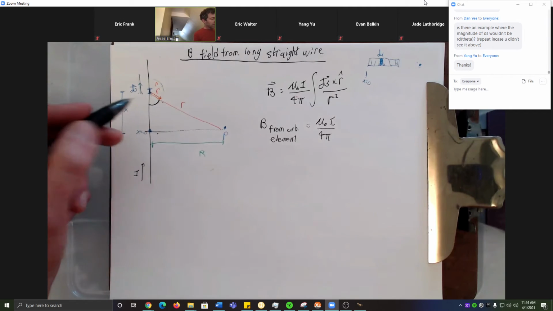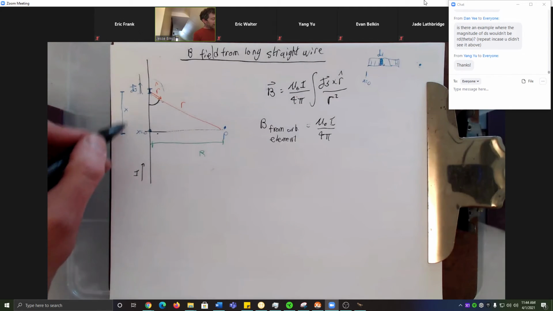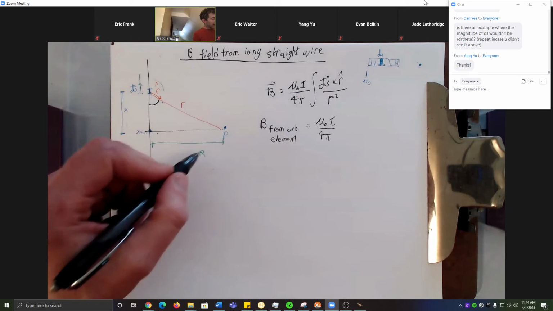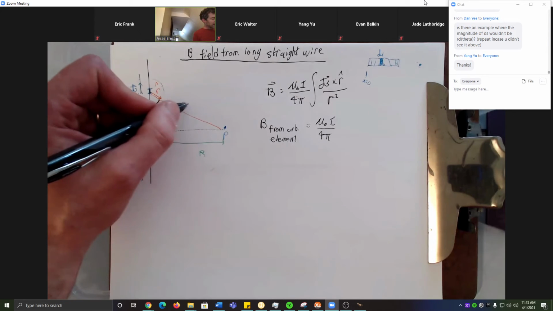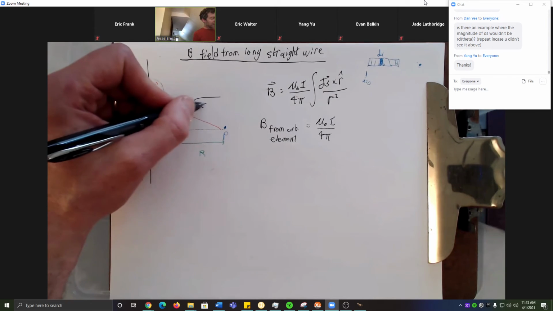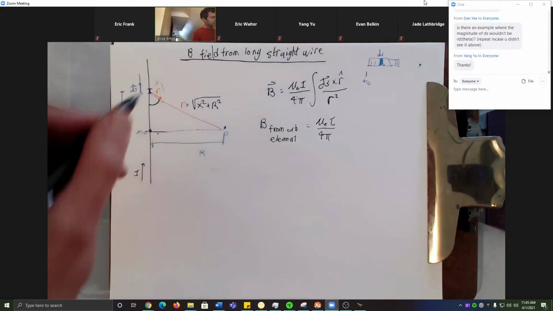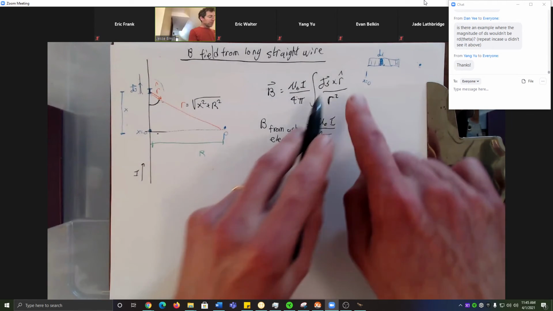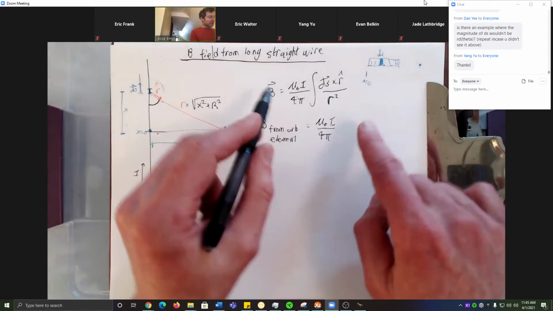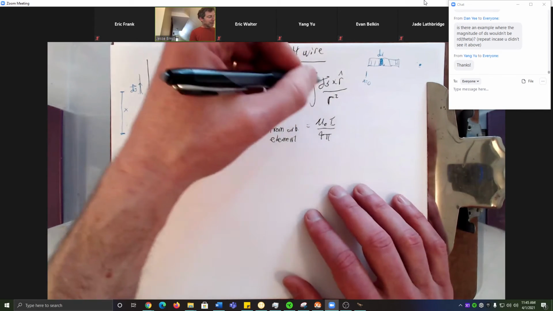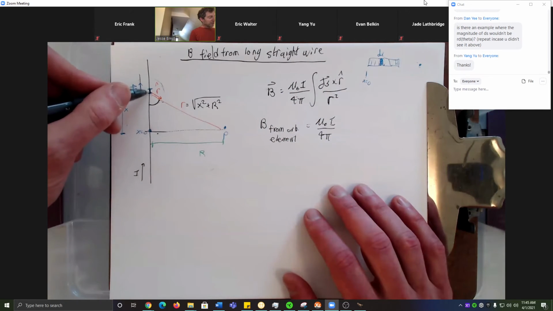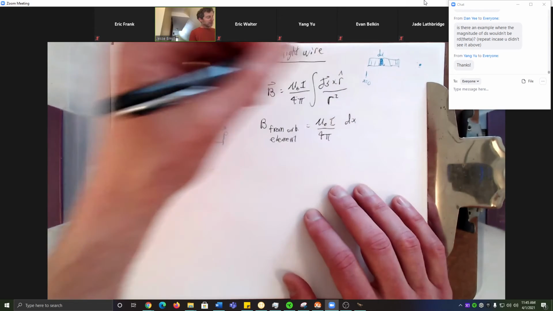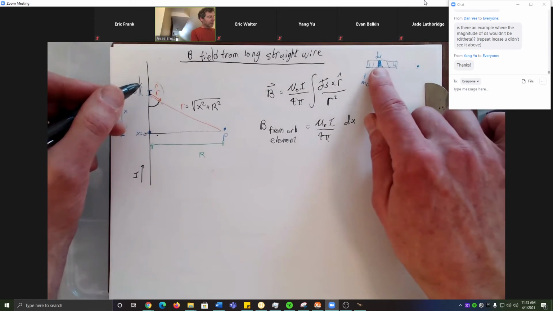Okay. This length is x, that's r, so capital R. So this length is the square root of x squared plus r squared. So now we're making progress. So ds vector, it's going to be the length of this, which covers some length dx, just like it did here.